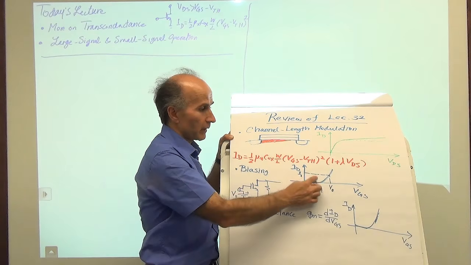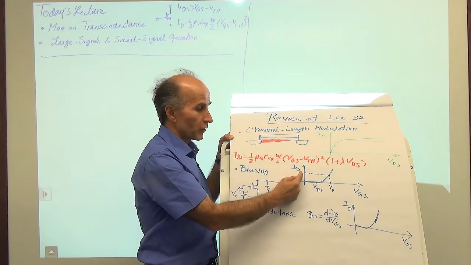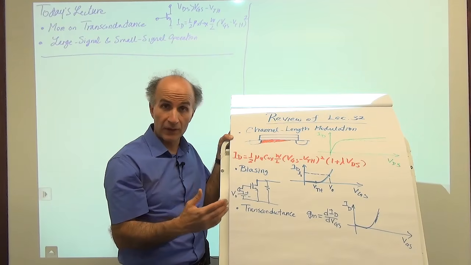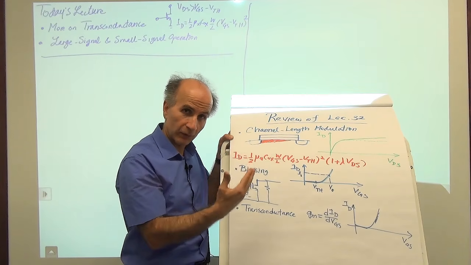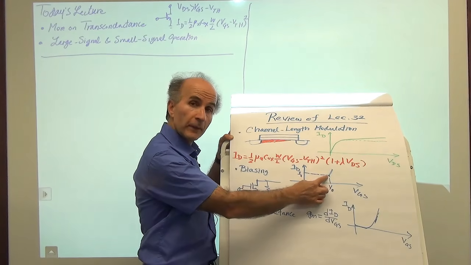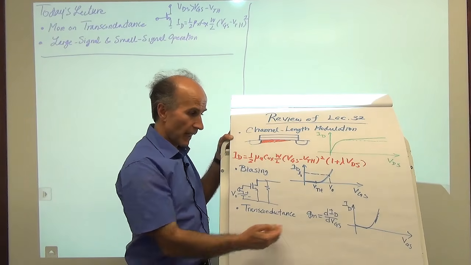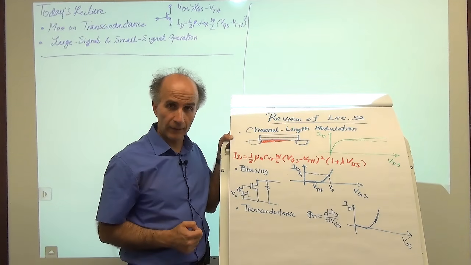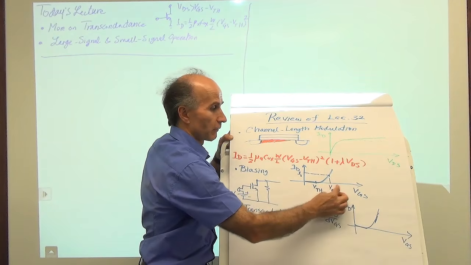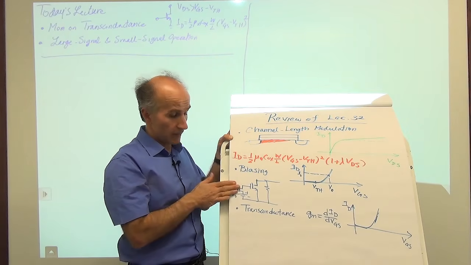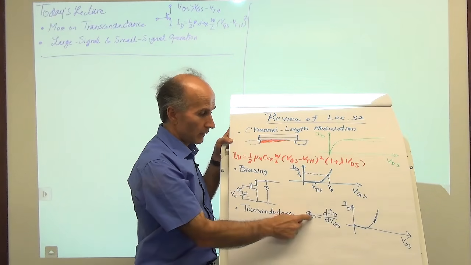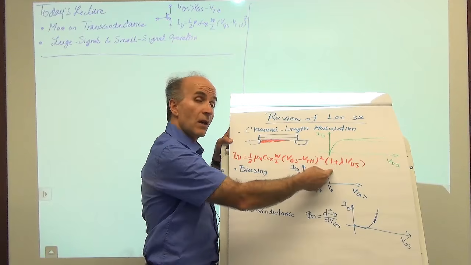So this brought us to the concept of how much current change we get for a given voltage change. And that's what we might consider the strength of the device as a voltage to current converter. So we defined the slope to be the transconductance of the device as a measure of its strength. What we expect is that if we bias the device at a higher VGS, in the absence of a signal, which means we also have a higher current, then the transconductance is higher, because this is a nonlinear equation.